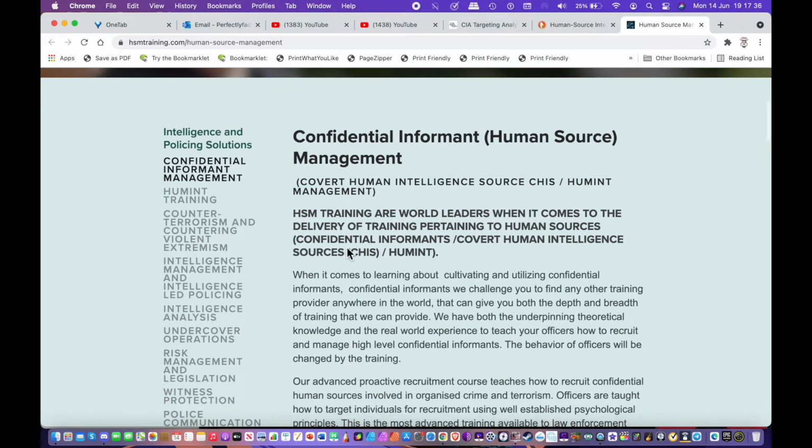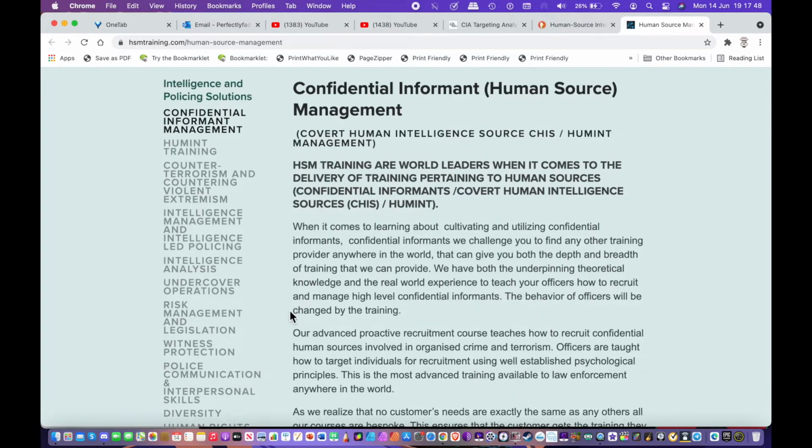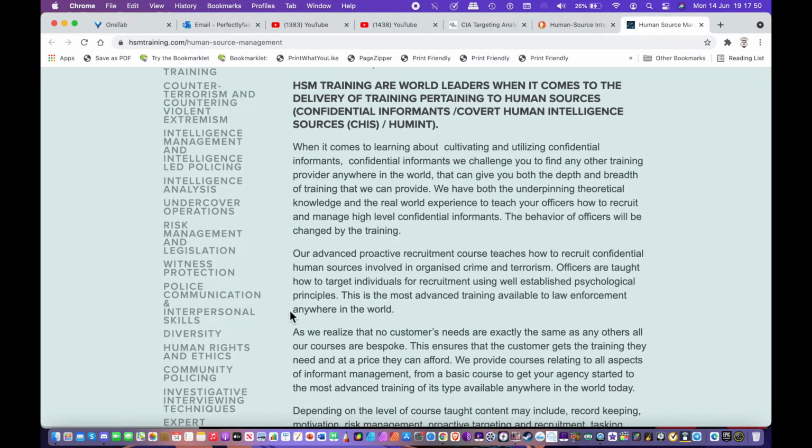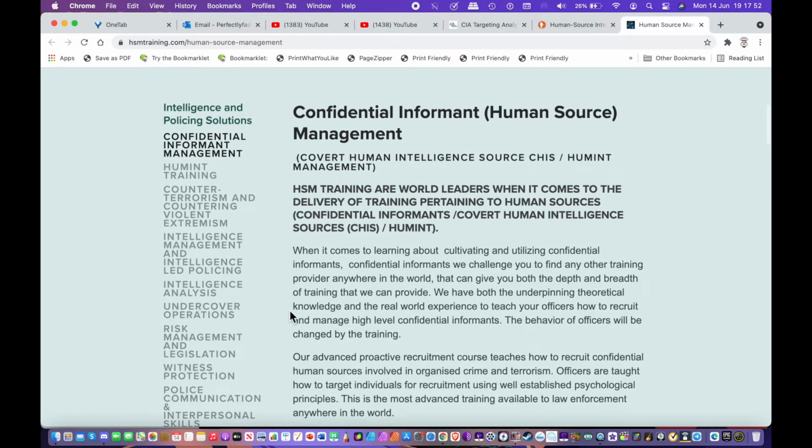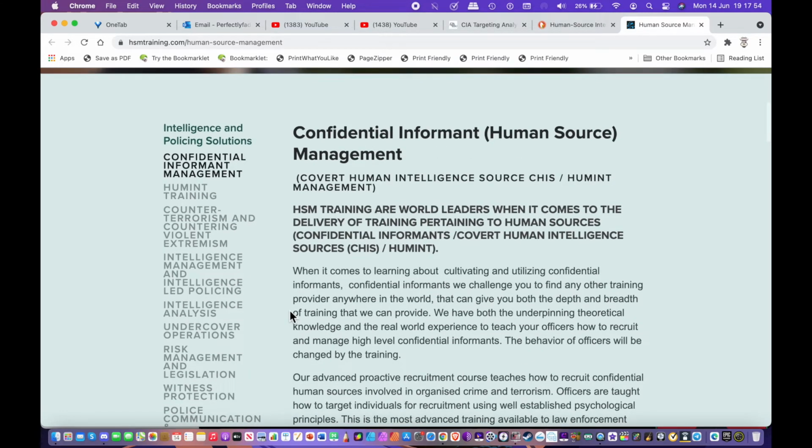Okay, so they've got human training, confidential informant, human source management. Okay, let's have a read of this then. Confidential informant, human source management, covert human intelligence source, CHIS, human management.